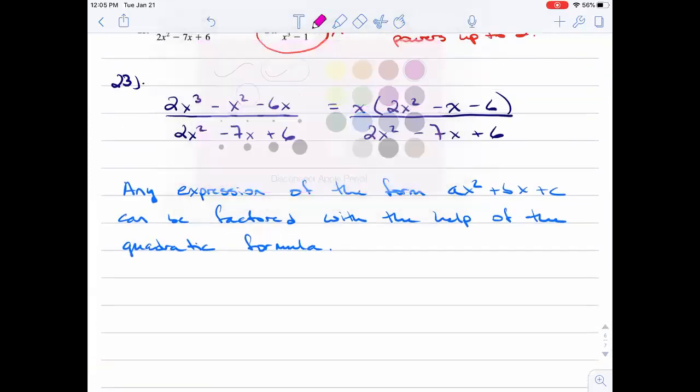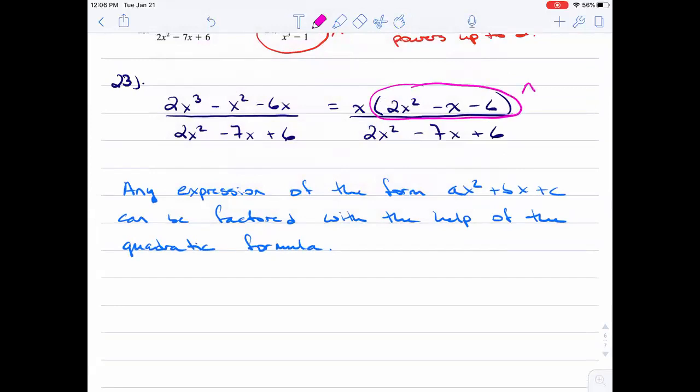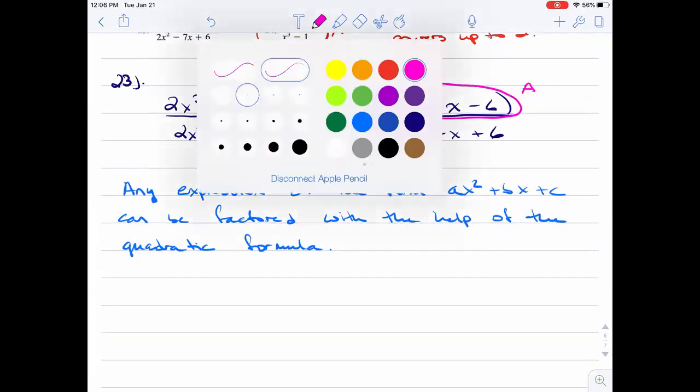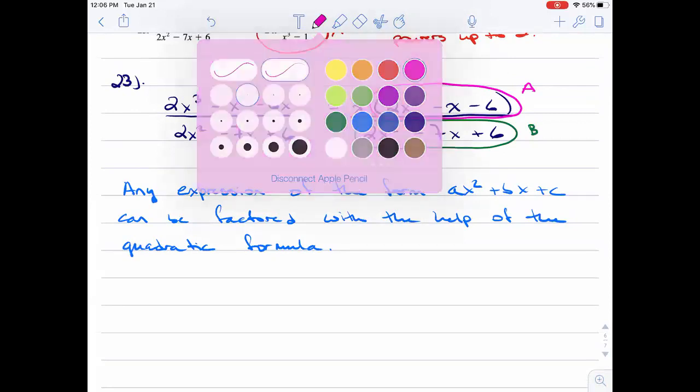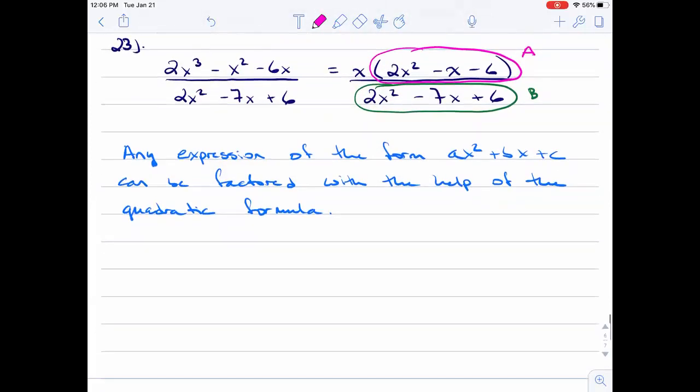If I call this A and this B, then I'll use the color coding, so factoring A, just to indicate that I'm going to work with these separately, and then I'm going to put them back in.